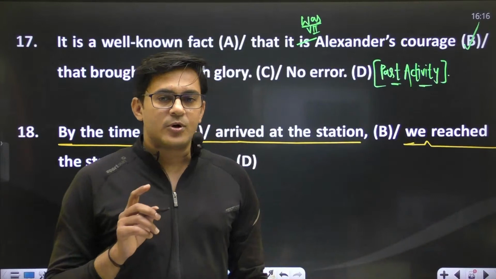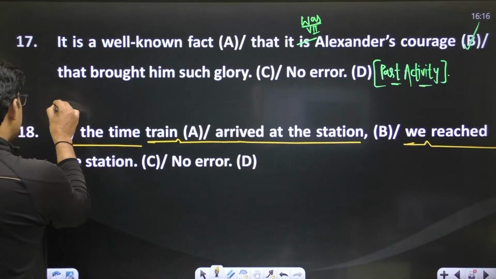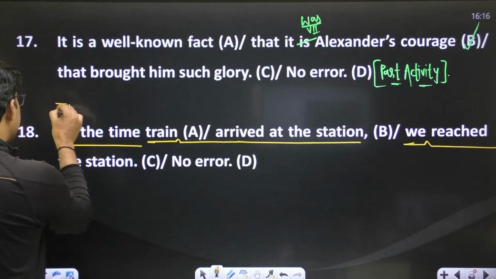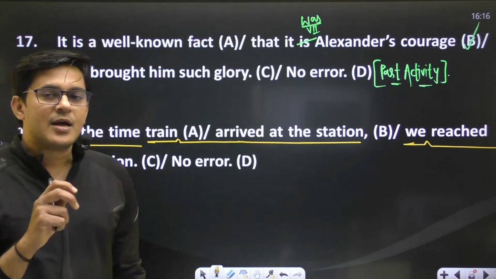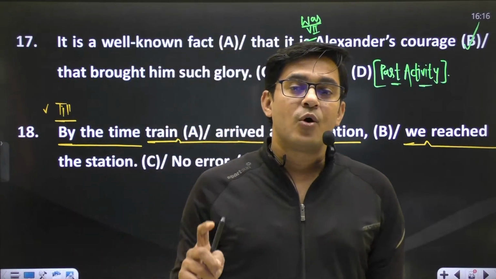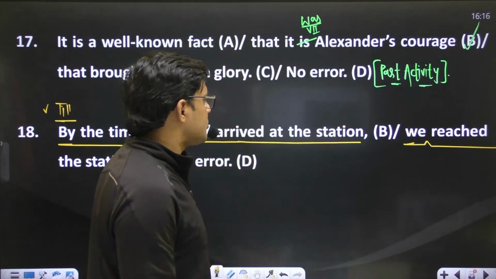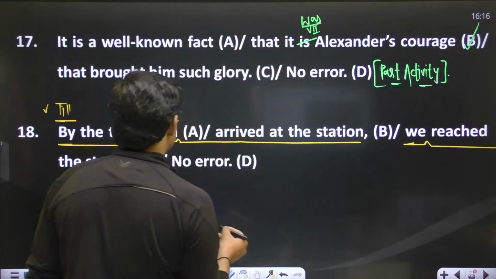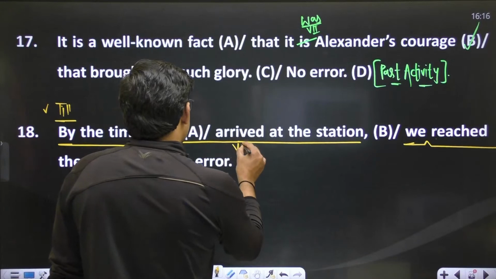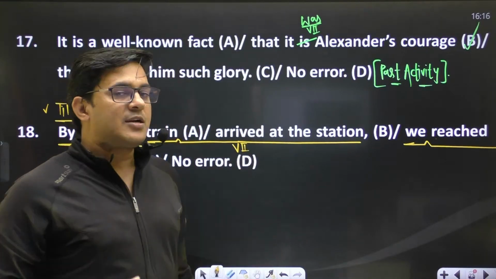I said because of this preposition by, it shows the sense of till, it shows a deadline, it shows completion, and to denote completion we always use perfect tense in the second clause. This must be perfect tense. And if there is past indefinite in the first clause, it must be past perfect in the second clause.